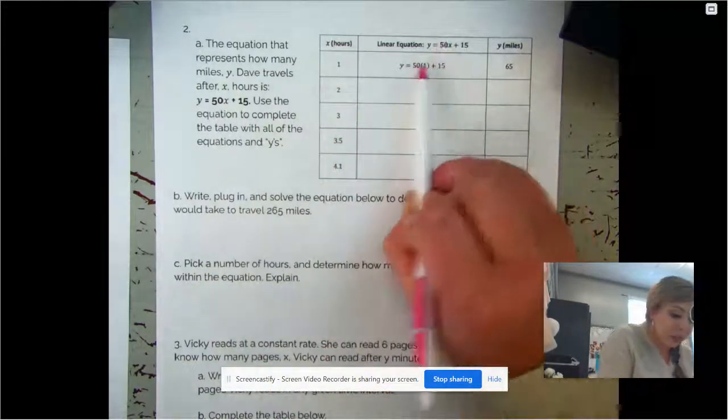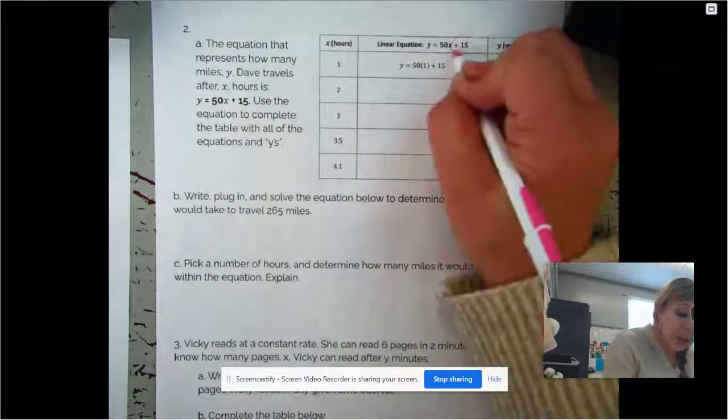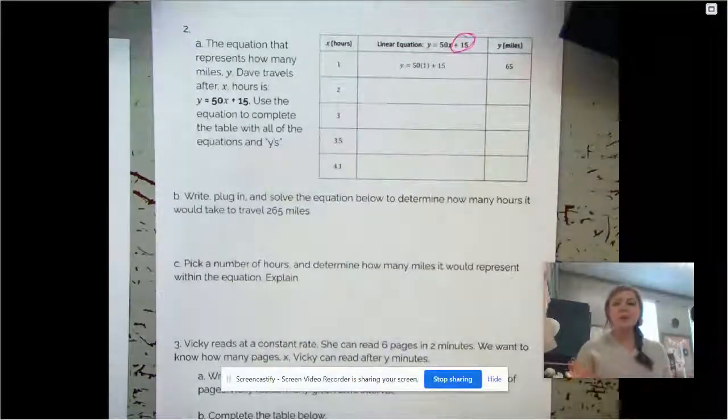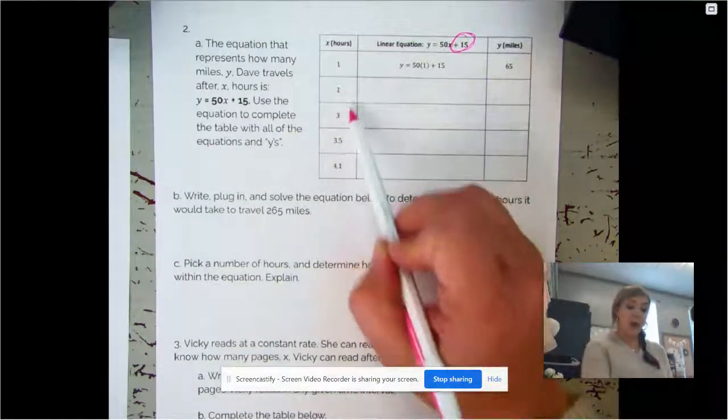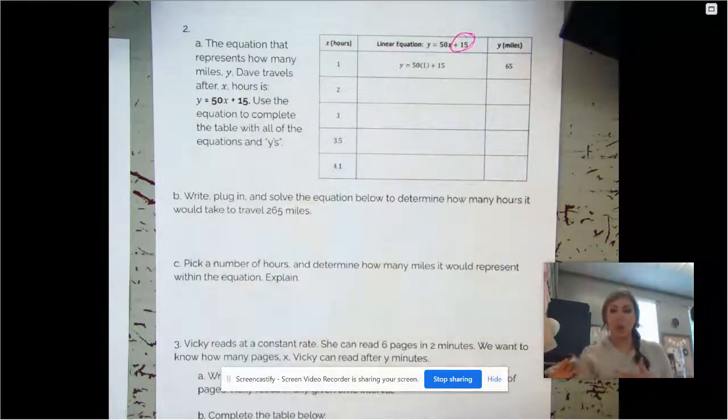So this is literally plugging in number of hours. This situation didn't start at 0, like I was saying before. So this is one where he would have already traveled 15. So if he's driving 50 miles an hour and you're just plugging in those number of hours, it's really no different. You just have to account for the 15 that he already drove.